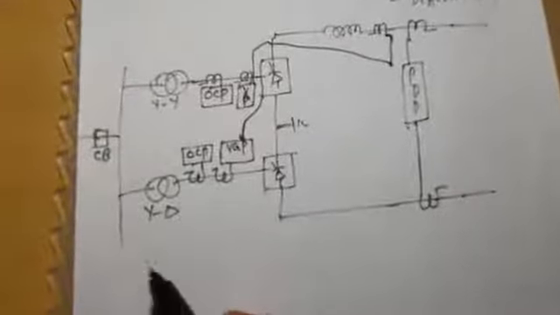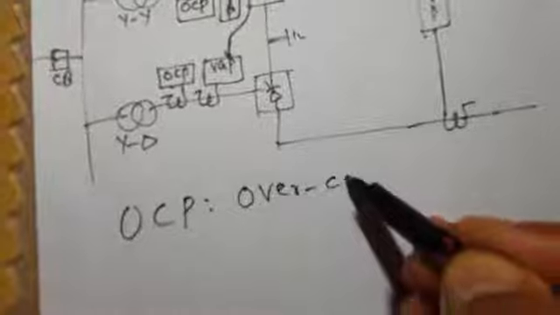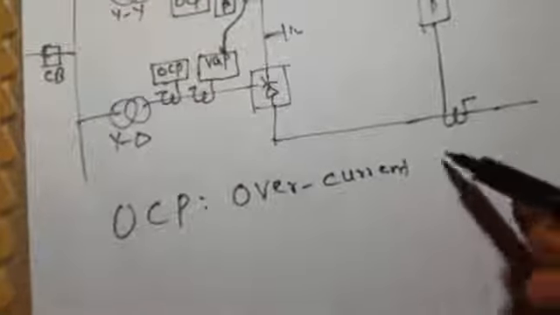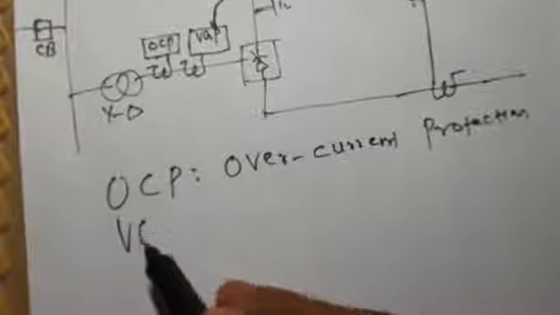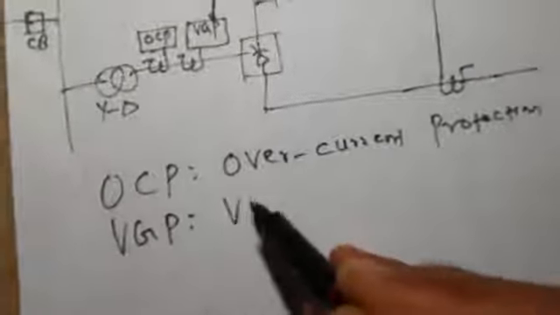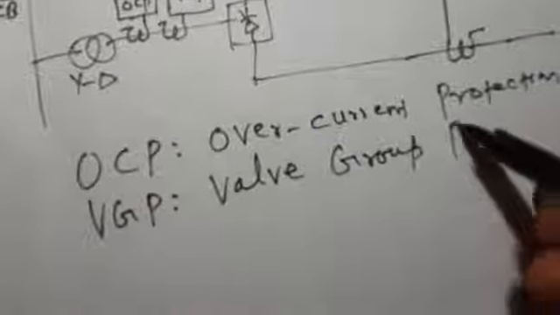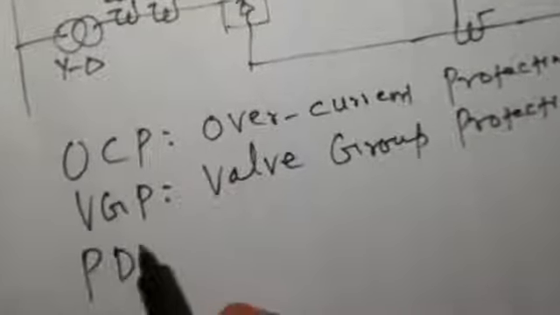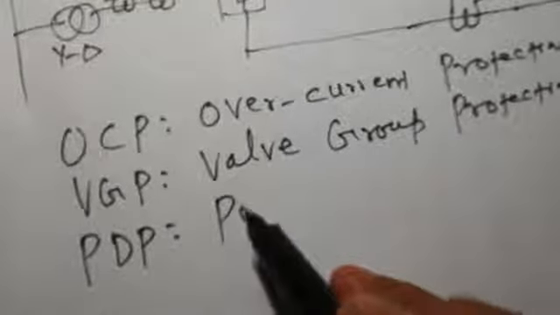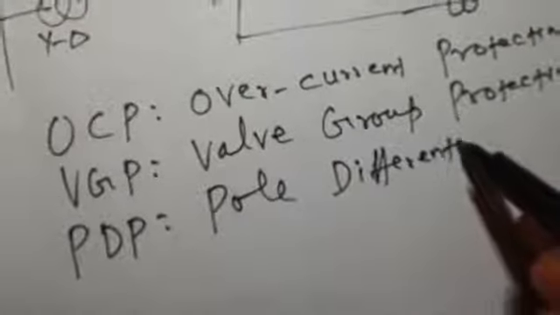And this is your DC side. Now, what is this OCP? OCP is overcurrent protection. VGP is valve group protection. And PDP is pole differential protection.